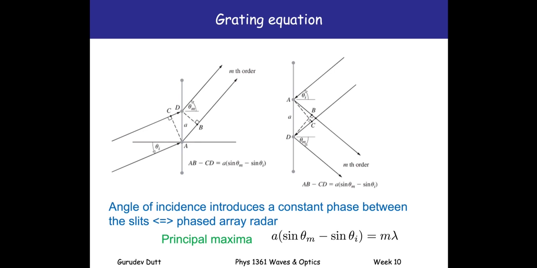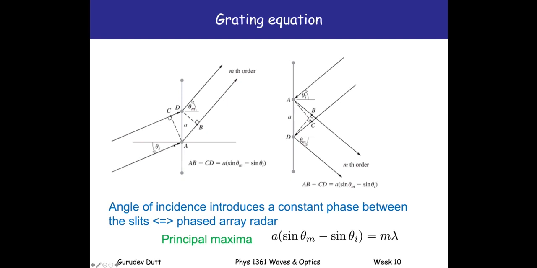We've already seen how the irradiance from n slits or n sources looks. The one difference here is that the incident beam can have an angle theta I that comes in to these n slits or n oscillators.